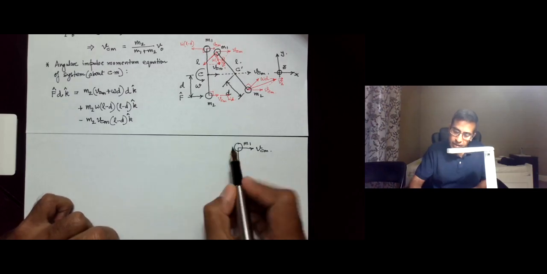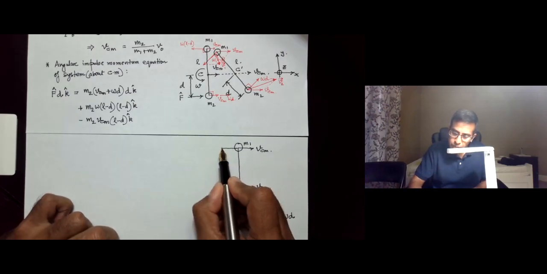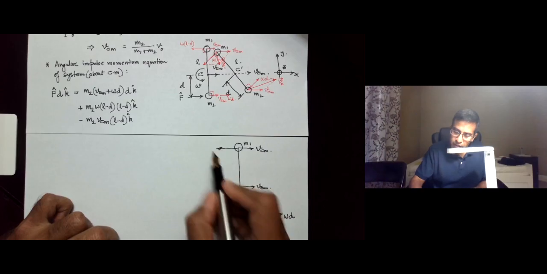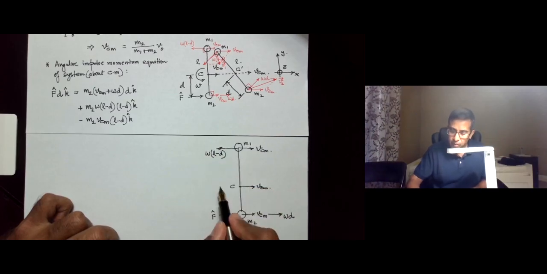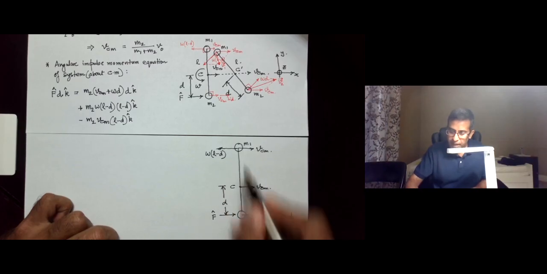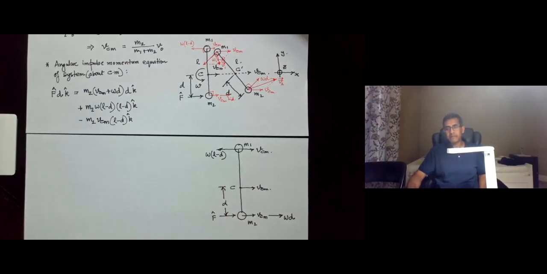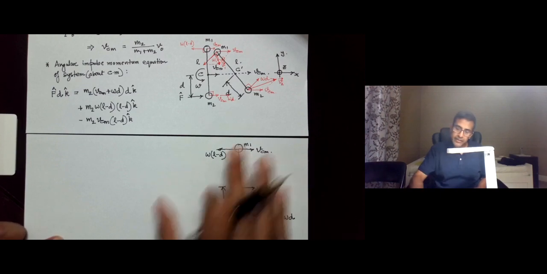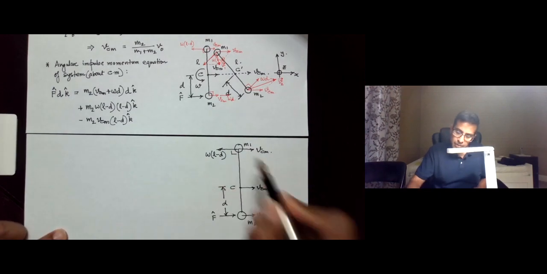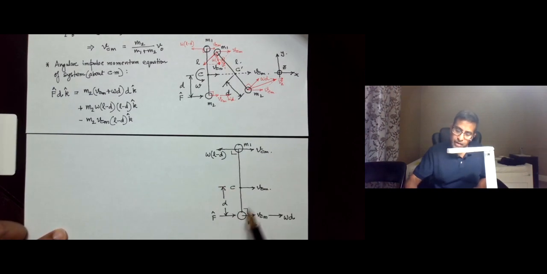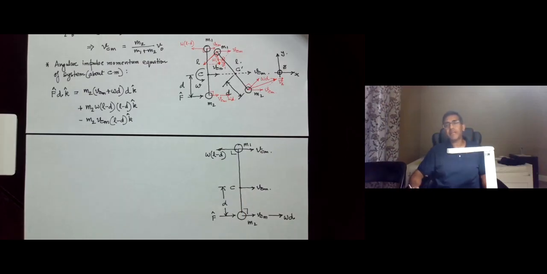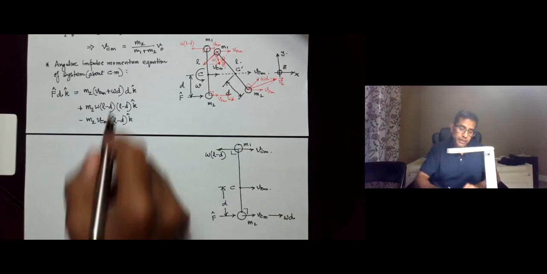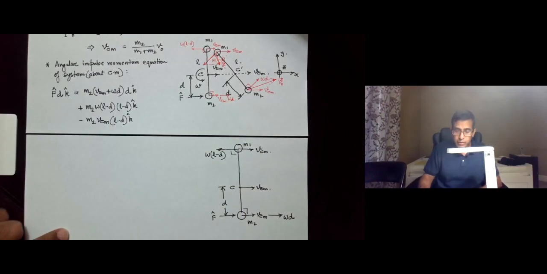That's the linear part, and the angular part is going to produce a velocity omega (L minus d), okay, where this distance is d and the overall length is L, and these velocities are perpendicular to the direction of the string, and it is based on this that we have this equation.